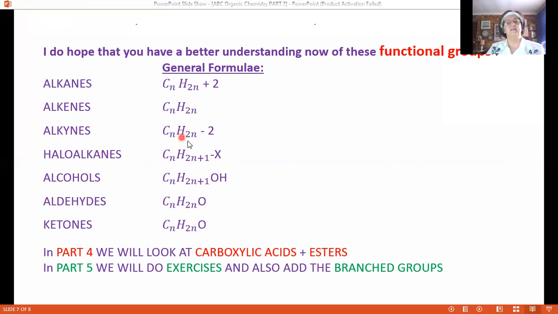Alkynes are CnH2n-2. Haloalkanes are CnH2n+1X. Alcohols are CnH2n+1OH. The aldehydes are CnH2nO. The ketones are CnH2nO.